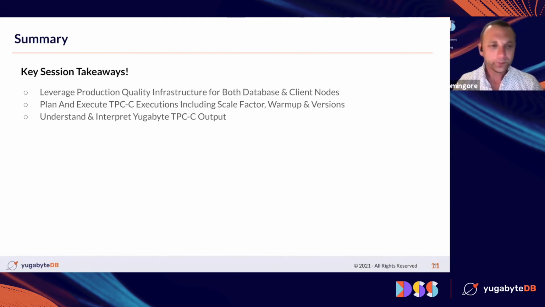And last but certainly not least is your understanding and interpretation of the TPCC output that we just walked you through. Get familiar with that output. By the way, the team continues to make good improvements on that output, so even if you learn it today, it'll likely get even better in another few weeks or months.